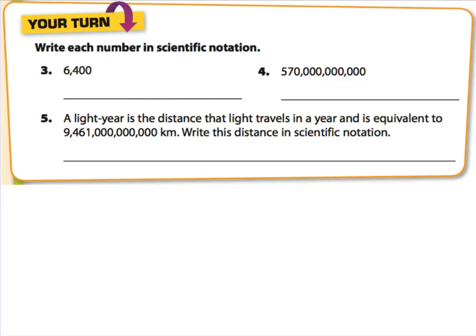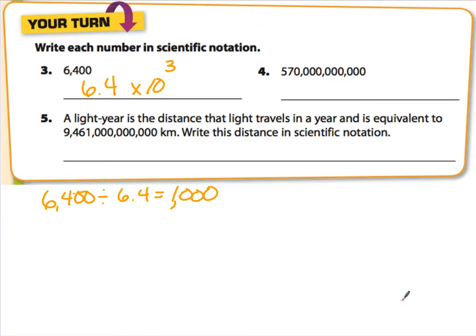All right, so for the first one, you should have gotten 6 4/10 times 10 to the 3rd power. And how that ended up working was you ended up with 6,400 divided by 6 4/10 gave you 1,000.